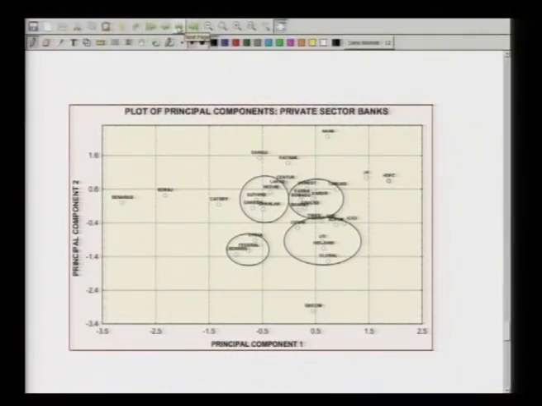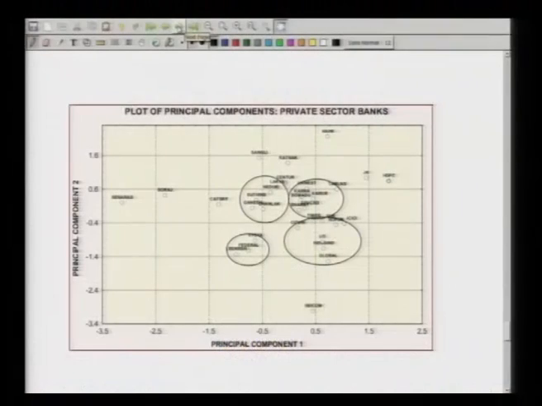Of course, you can do it in the same plot also, that is without segregating private sector and public sector banks. It depends on the purpose, on your priority, what you are trying to see. So, here we are trying to see how the variability of the private sector banks among themselves is explained by the characteristics, and similarly how these characteristics explain the variability present in the public sector banks.